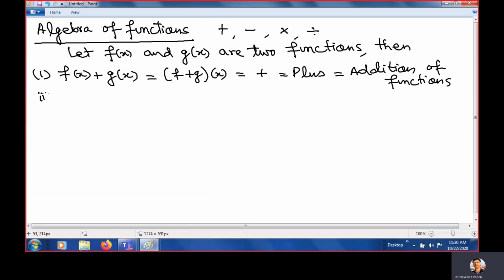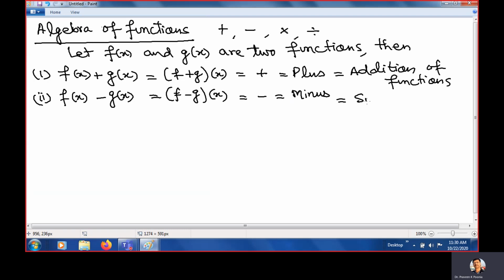Number 2, f(x) minus g(x), which can be written as (f minus g)(x). What is this? Negative. Negative means you can say minus, and this is called subtraction of functions.